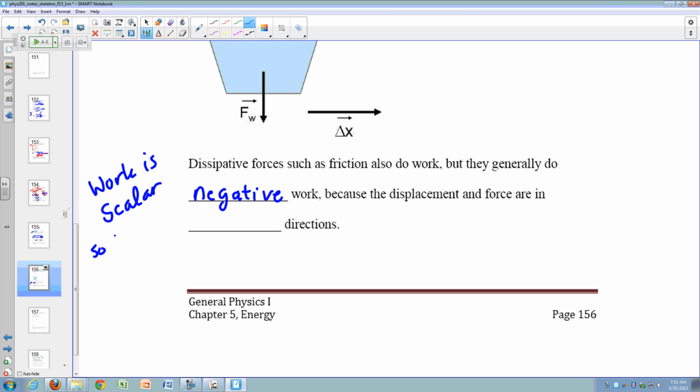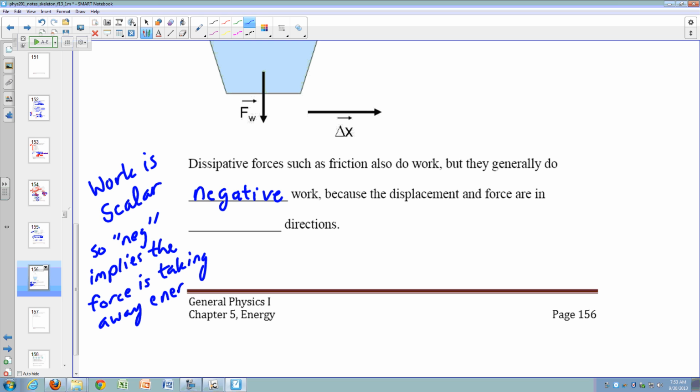So negative implies the force is taking away energy. And we'll formalize that later, mathematically.